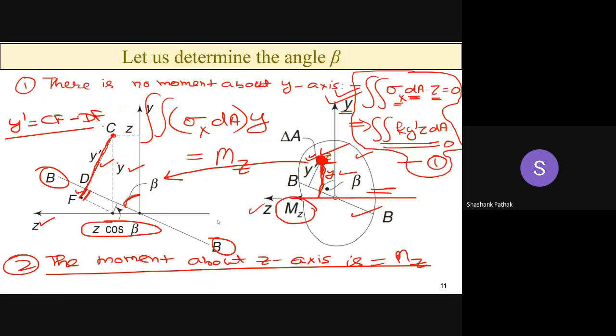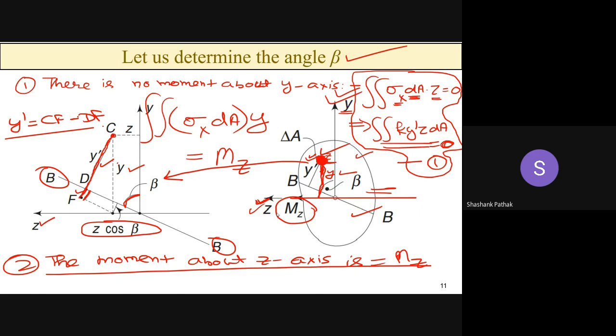Here you have to notice that while deriving this angle beta, one assumption was made: that your moment is acting about the z-axis. This is a very important assumption because only then you can write My equal to 0. This was equal to 0 because there was no moment acting about the y-axis, and the equation for Mz was possible because your moment was acting about the z-axis.